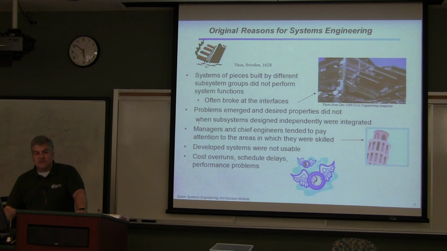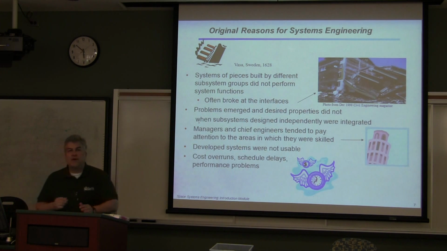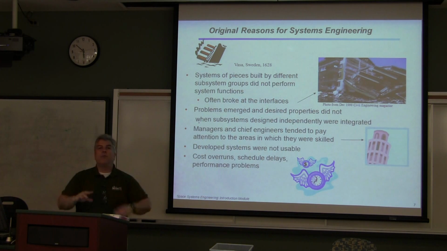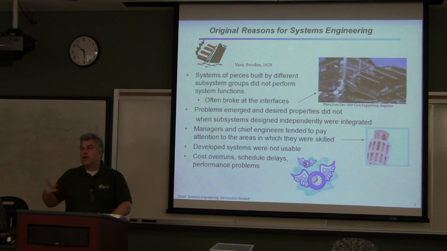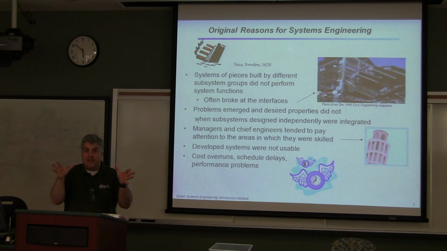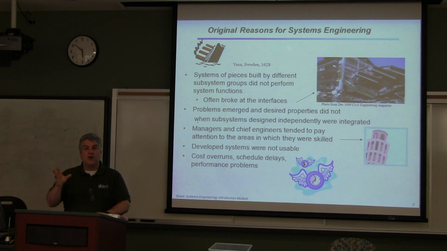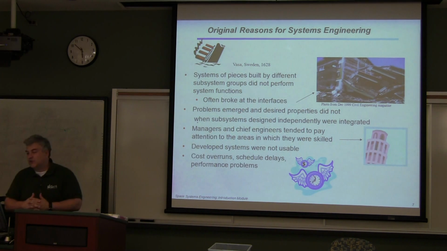Now, why did some of this originally come out? Well, what you'll often find, a system engineer is somebody who can pull together a whole bunch of different people to make sure that you're all focused on one aspect of your project, or all aspects of the project, and that there are no interfaces that don't mesh with each other.